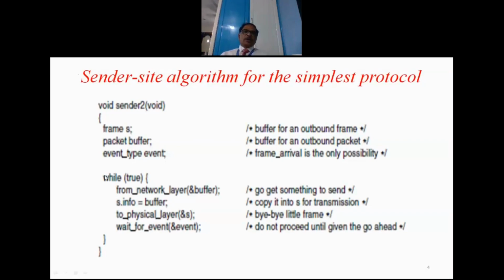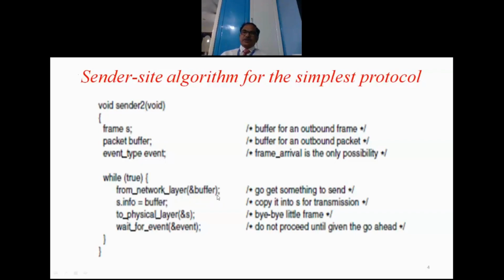while true, this is the sender side algorithm. While true means as and when there is a request from the network layer. The moment there is a request from the network layer, whatever information is coming from the network layer will be put into the buffer.